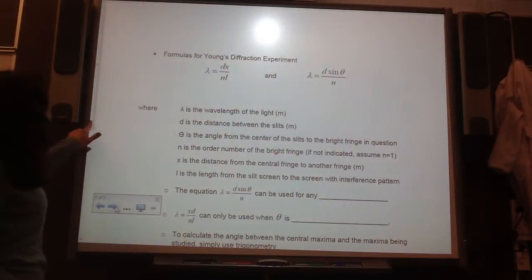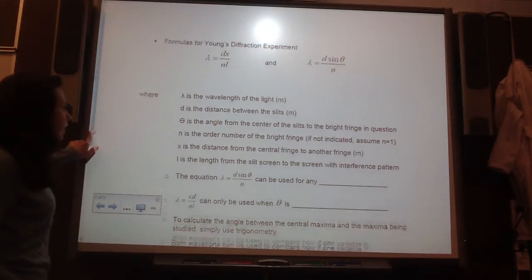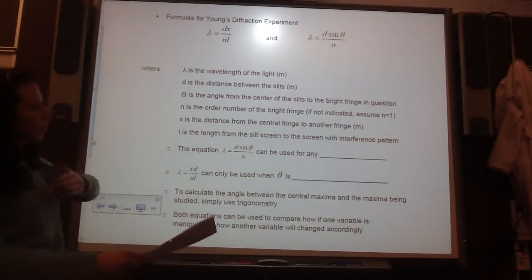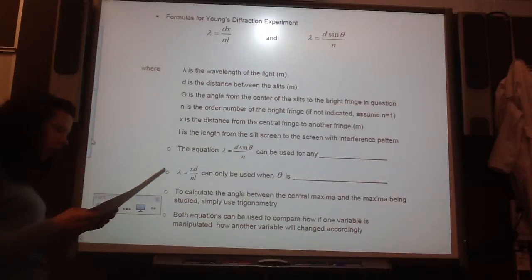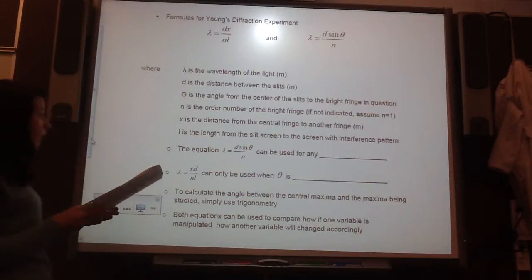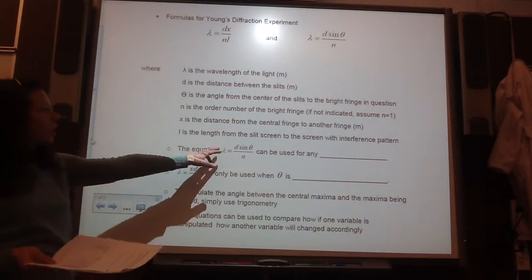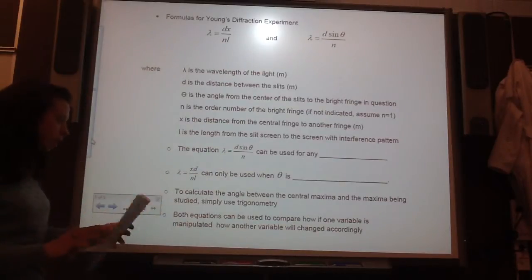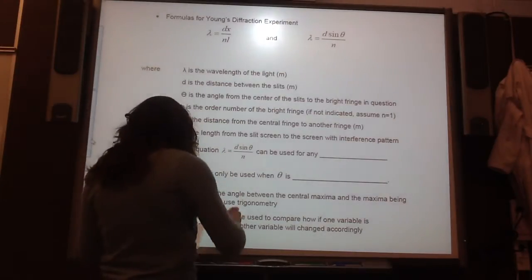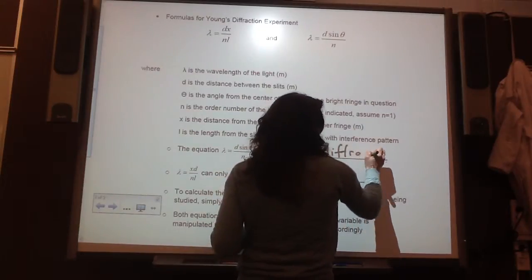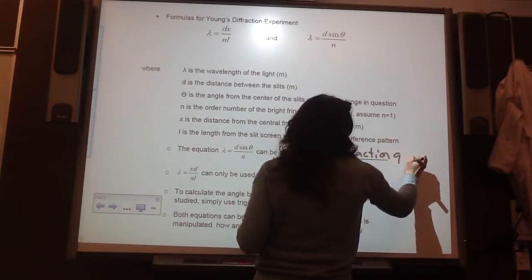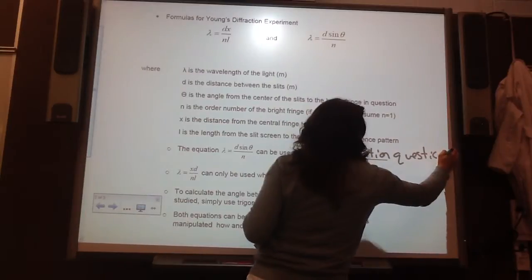Now, L is the length from the screen to where the slit is. The equation lambda equals d sine theta over n can be used for any diffraction question. There's no parameters about when you use it.